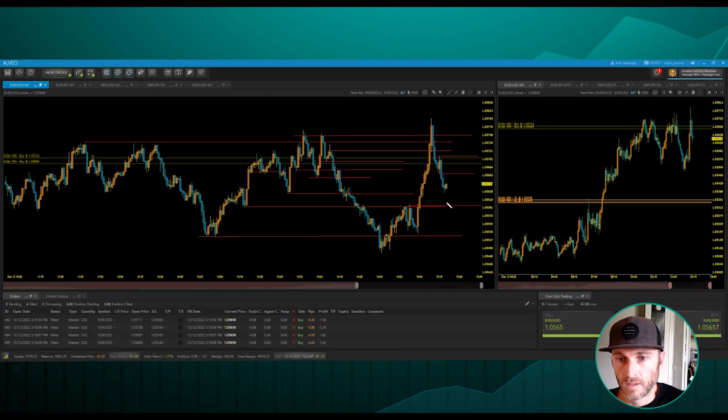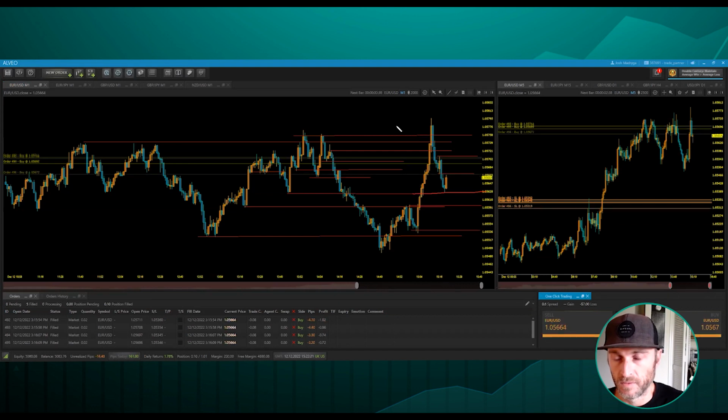You could also drag this one over too, so that you can identify that this is one as well. So really I missed the buy there. Yeah, bounce right there.